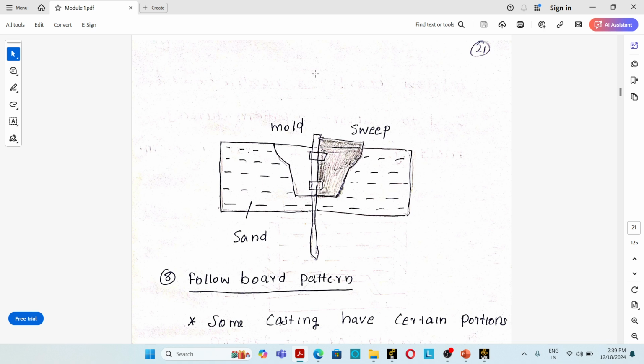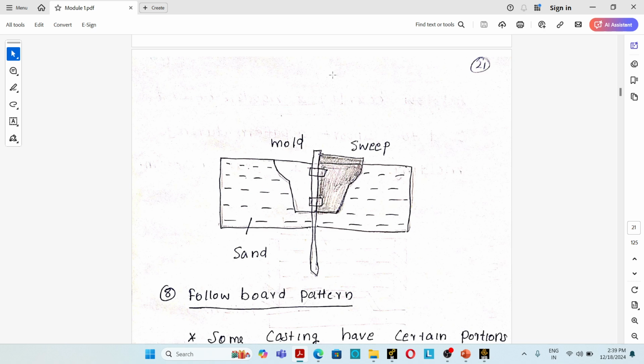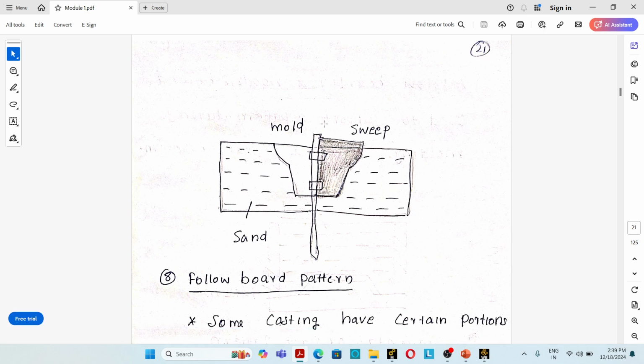So next one is the sweep pattern. This is a sweep pattern; this is the pattern, and this is the mold. Sweep patterns are used for preparing molds for large symmetrical castings, particularly of circular cross section. That's a very important point. Why are we using a sweep pattern?